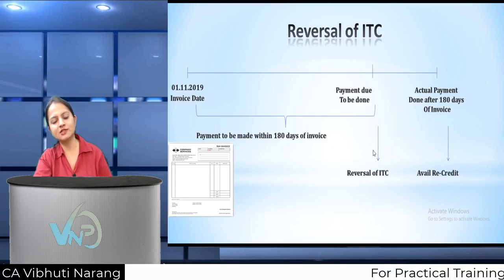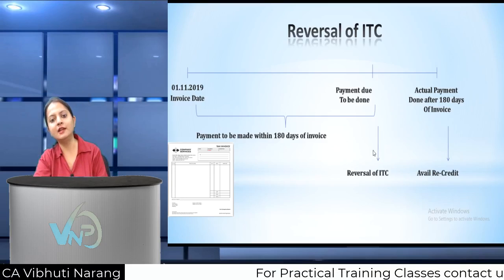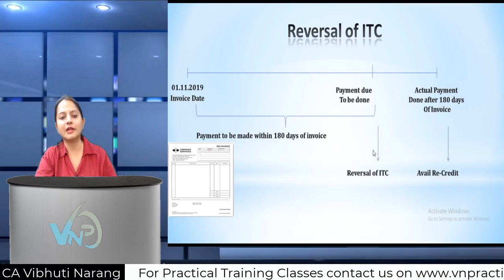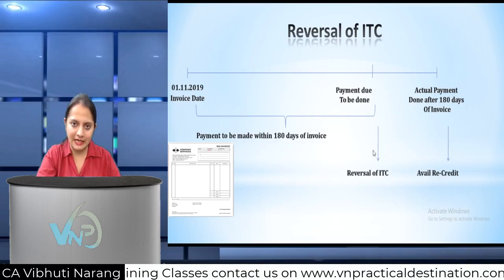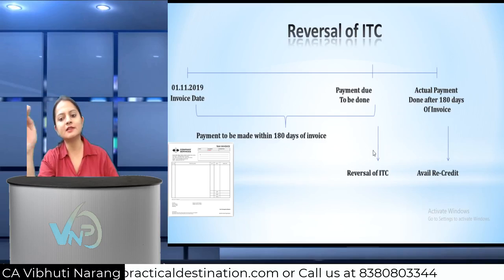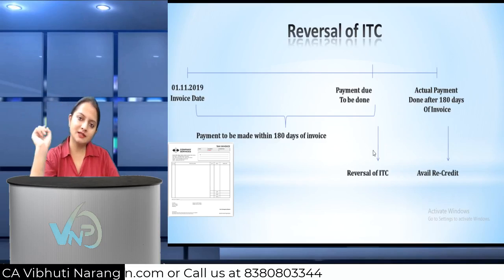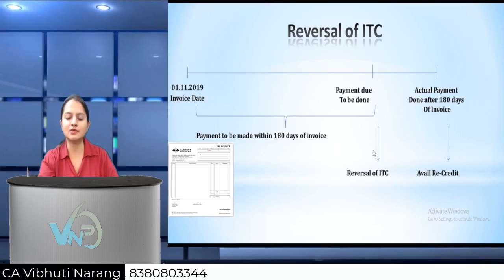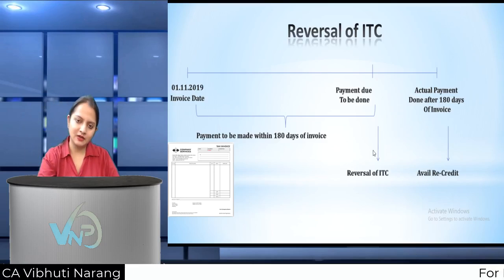The buyer needs to reverse the input availed by the buyer after 180 days have lapsed. And after, let's suppose after lapsing of 180 days, after 2-3 months the actual payment is done, means after 200 days, 300 days the payment is done, then he can avail the credit.